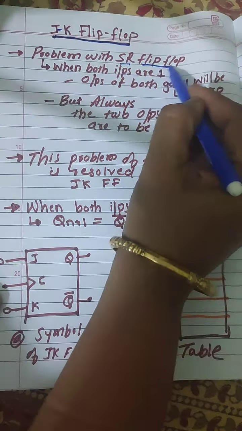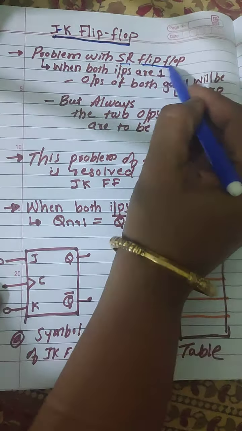So how is the symbol of the JK flip-flop? In place of S and R you write J and K, and it is a clocked flip-flop, which means a clock is applied. Only when the clock is present will the outputs change. So this is the symbol of the JK flip-flop, and this is the truth table. Only the first three rows are similar to the SR flip-flop: in place of S write J, in place of R write K. The only difference is the last state, when both inputs are 1 and 1.